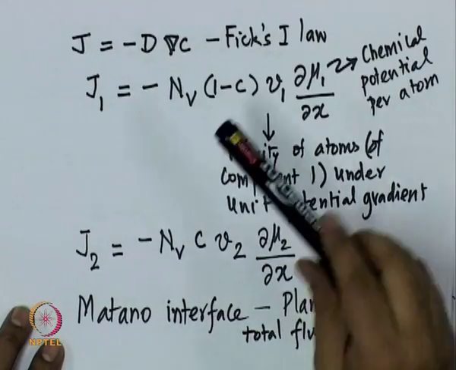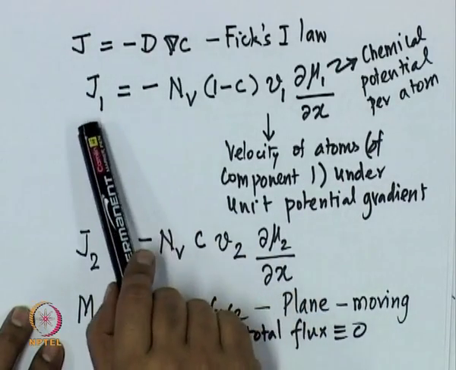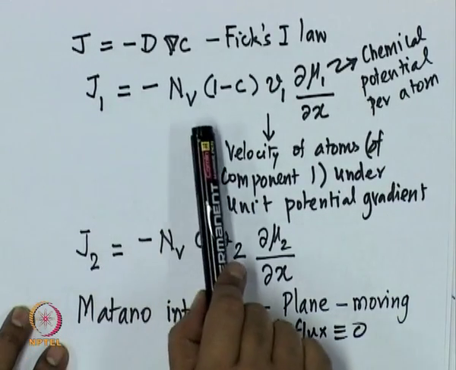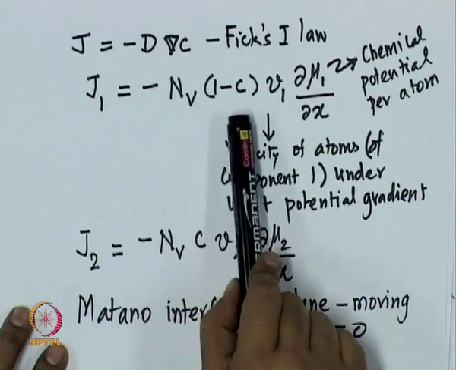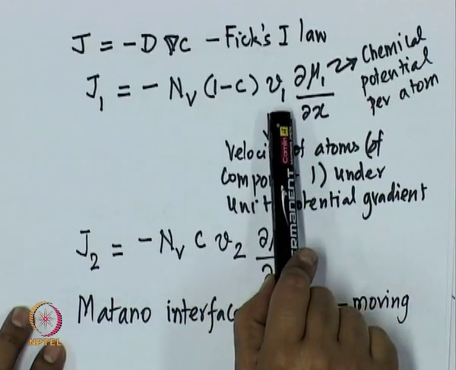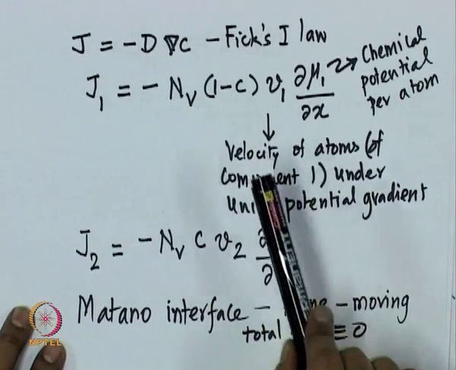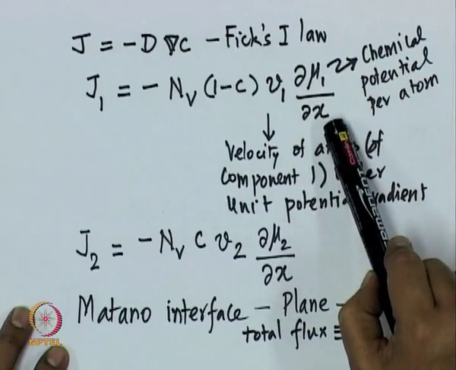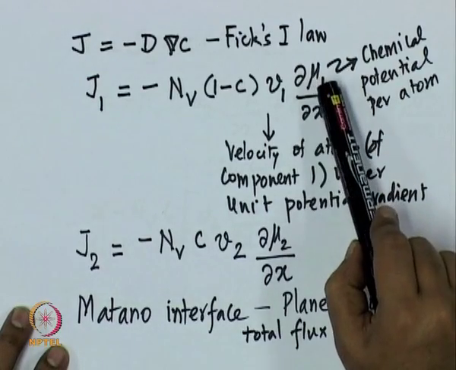So, keeping that in mind, we are trying to define the flux for type 1 atoms, or type A atoms, which is given by minus NV times 1 minus C, where C is the composition of B type atoms, times V1, which is the velocity of A type atoms under unit potential gradient, times the chemical potential gradient, and the chemical potential is defined per atom.